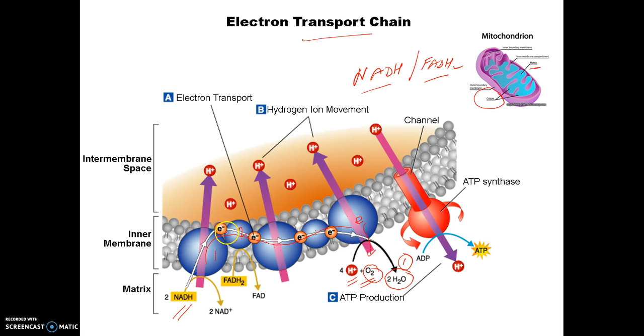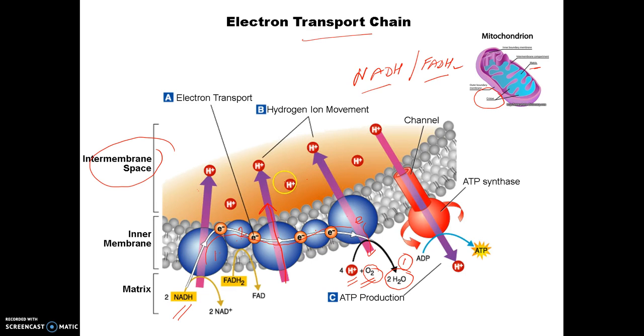So when this electron is losing energy, what does it do with that energy? It uses that energy to pump hydrogen out. Hydrogen out where? Right here in between the outer and the inner membrane is the intermembrane space, which is also called the outer chamber of the mitochondria. Hydrogen is pumped out.